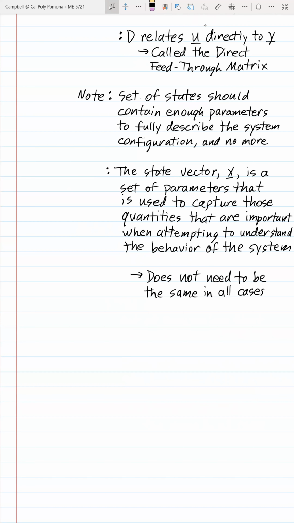Okay, so let's go ahead and capture some of that additional discussion, because I know I said a lot. So these equations, of course, include a first order matrix differential equation, as I already indicated.